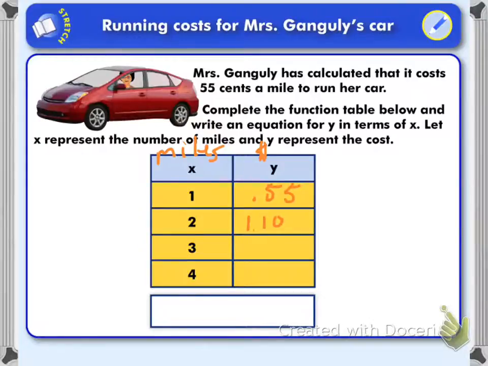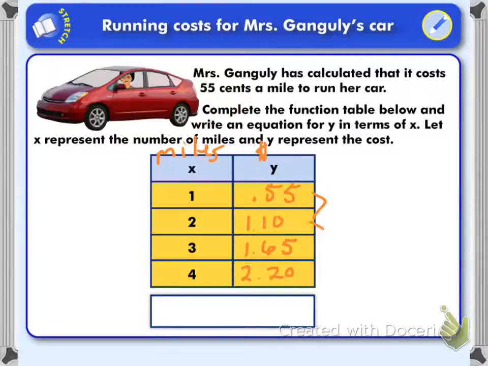And if she travels 3 miles, that's going to cost her $1.65. And then finally, if she travels 4 miles, $2.20 is my last value.